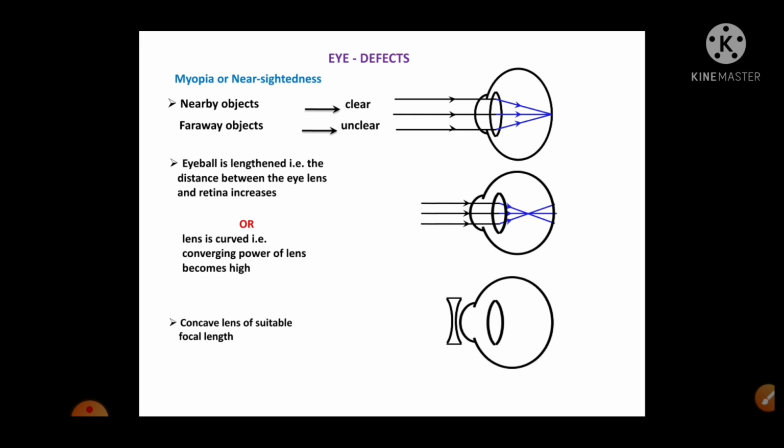You will purchase two spectacles, right, because आपको पता है कि two person, both the person having the myopia, but दोनों के चश्मे का नंबर अलग अलग होता है, it cannot be same.